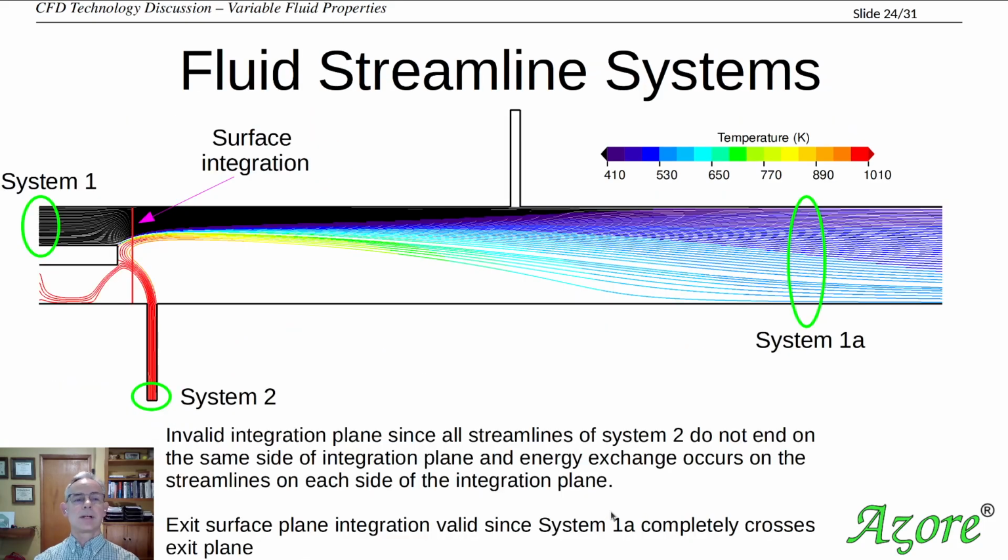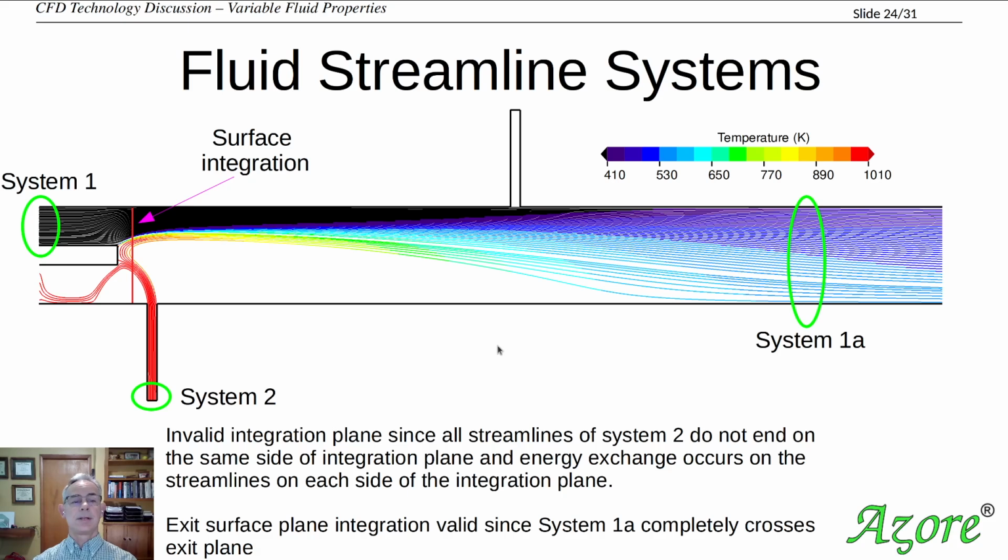So now let's look at our streamlined system. In this particular case, since there's energy transfer that happens here, this is an invalid integration plane, and it is truly invalid because there's energy transfer here. This system gets split, and some of the mass leaves here, and some of the mass leaves here.